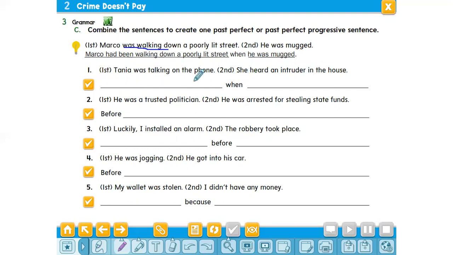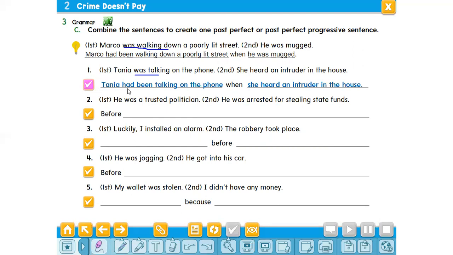Okay, where is the main verb? Was talking, past progressive. So we will use which tense? Excellent. We will use had been -ing. Past perfect progressive. Excellent. Now write the answer.